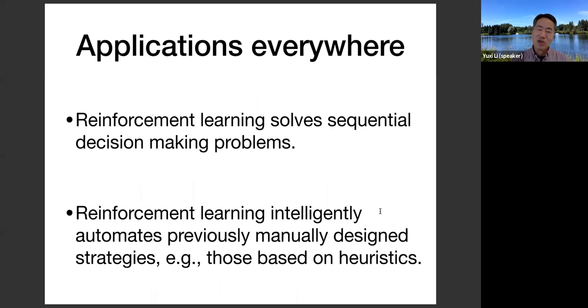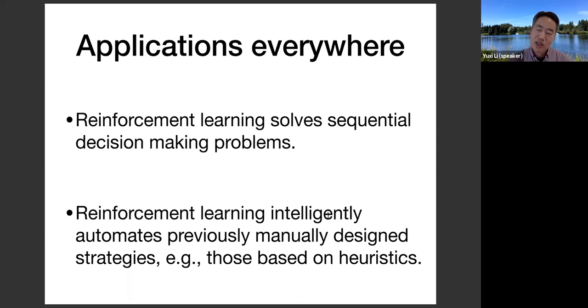Applications are rare, yet reinforcement learning solves sequential decision-making problems, and many problems are sequential decision-making problems. Even if they are not sequential at first glance, we can turn them into a sequential decision-making problem. For example, the neural architecture search problem, we can use reinforcement learning to do that.